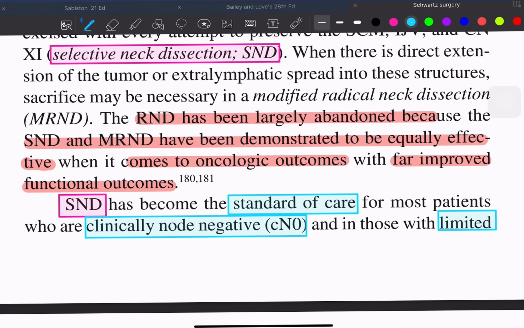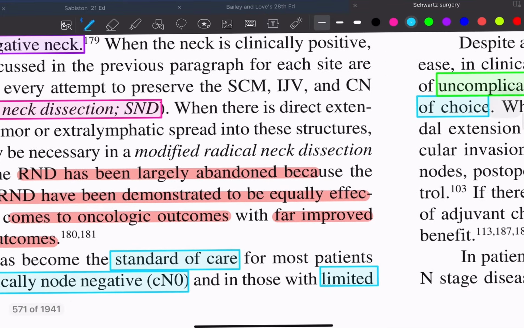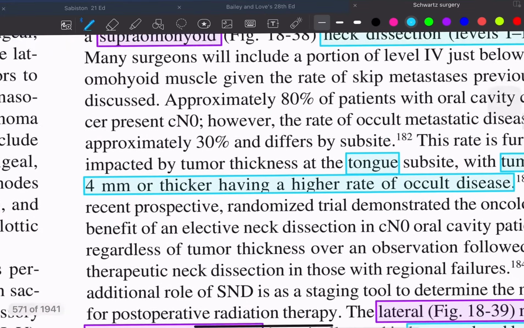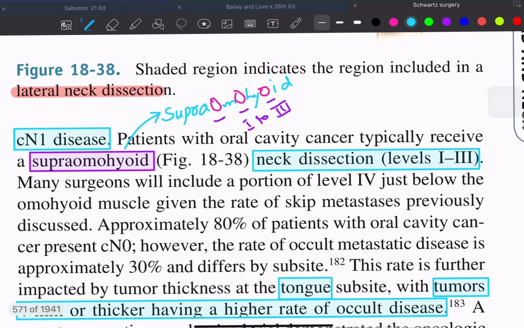Where is it done? As already said, it is for clinically node-negative necks. One more point written here: limited N1 disease will also get selective neck dissection. Supraomohyoid, see there are three O's, so 1, 2, 3 groups of lymph node dissection is done in supraomohyoid.